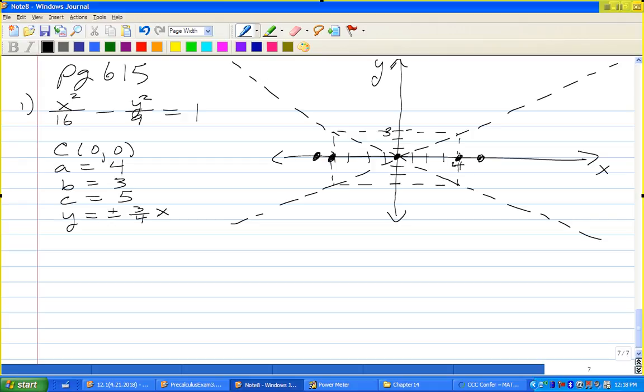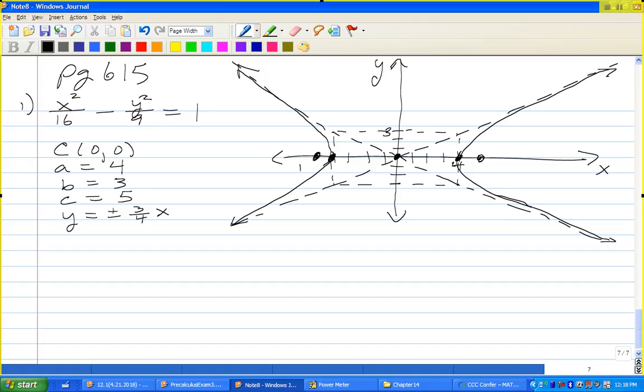Draw your hyperbola. It goes through the vertex, approaches, but doesn't touch each of these asymptotes. Okay, so that's your hyperbola.